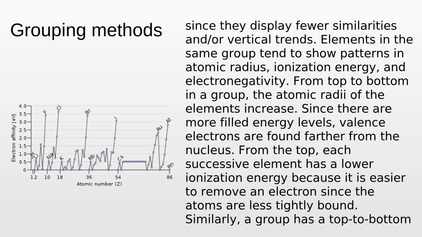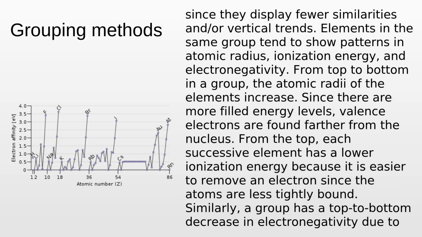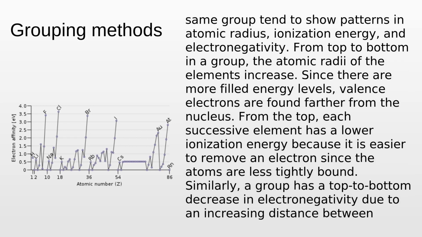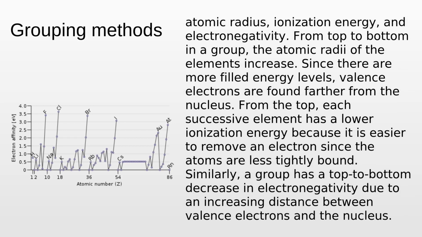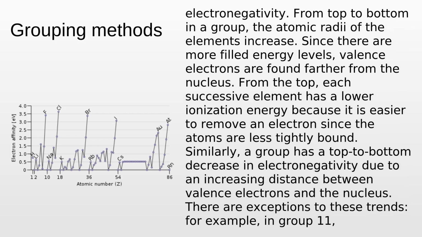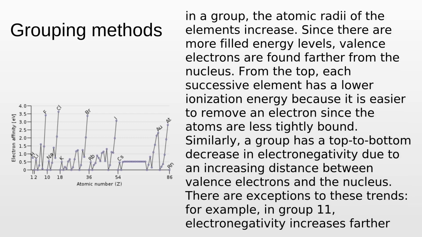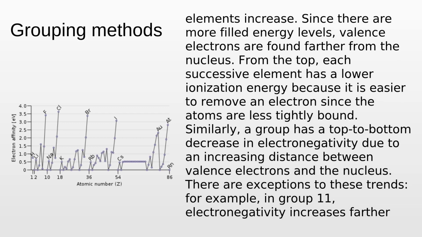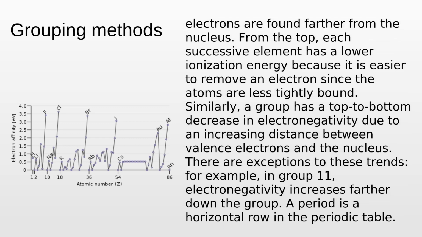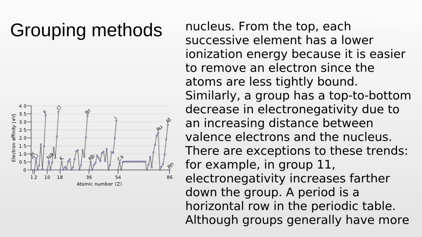Since they display many similarities and vertical trends, elements in the same group tend to show patterns in atomic radius, ionization energy, and electronegativity. From top to bottom in a group, the atomic radii of the elements increase. Since there are more filled energy levels, valence electrons are found farther from the nucleus.